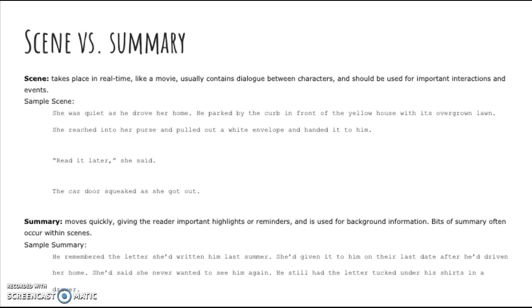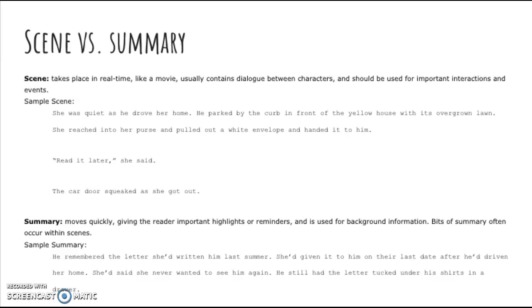Just a real quick mention of the difference between a scene and a summary. The scene in a play is taking place in that moment. There's dialogue between characters. It is what the actors are doing and saying at that moment on stage. A summary is like a summary that you know from doing summaries.